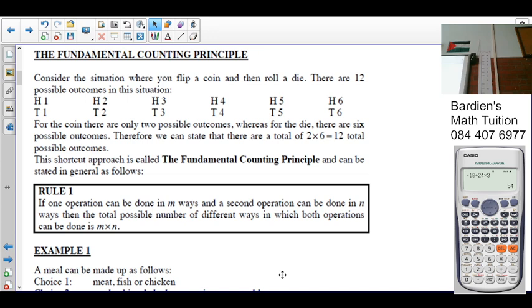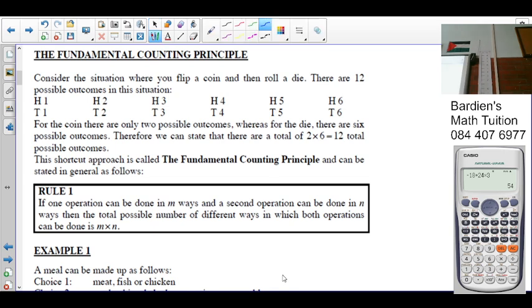So now we're looking at the fundamental counting principle. Consider the situation where you flip a coin and then roll a die. There are 12 possible outcomes in this situation. Firstly, for our coin, it can either be heads or tails. But even say heads, it can be either a 1 on your die, 2, 3, 4, 5 or 6.